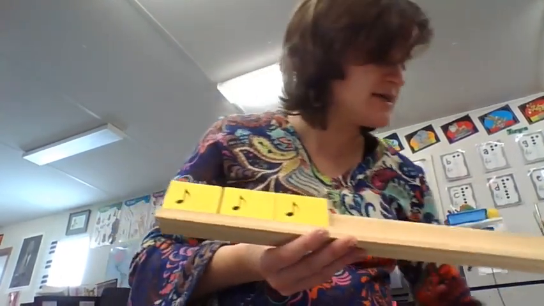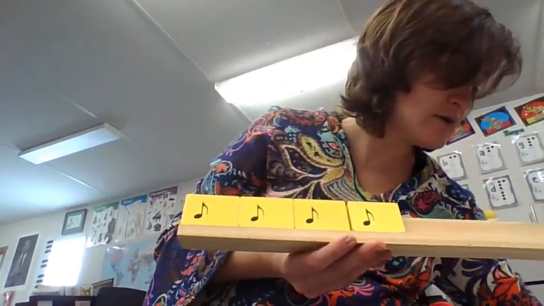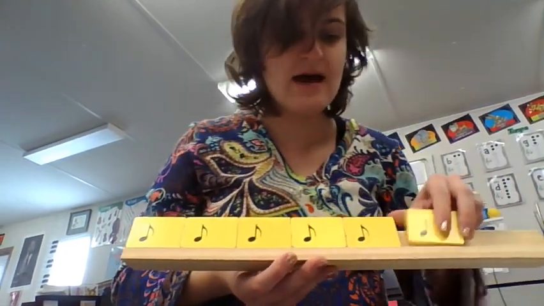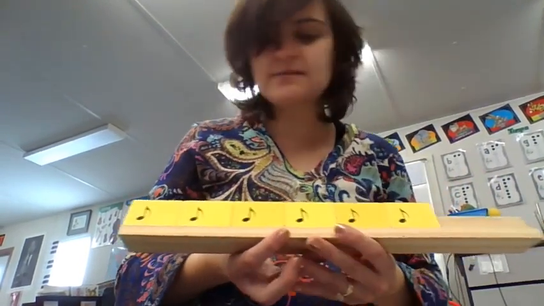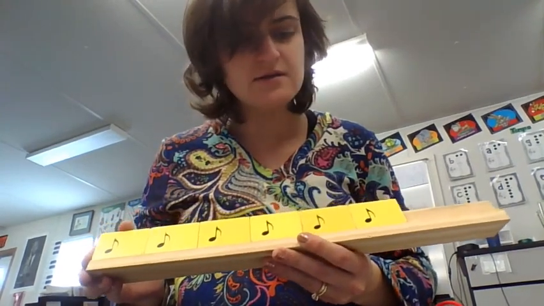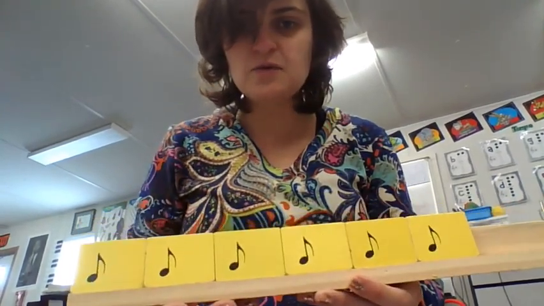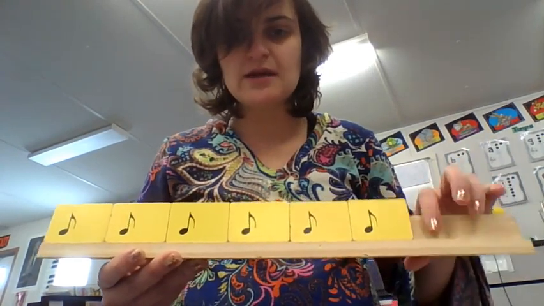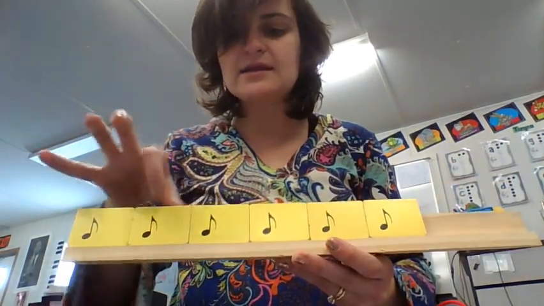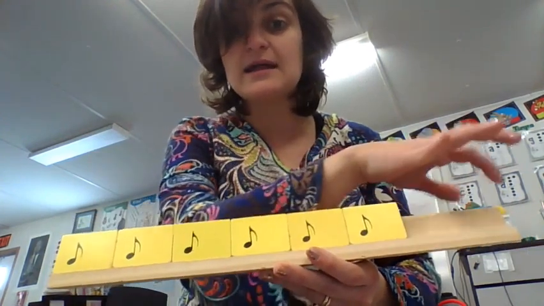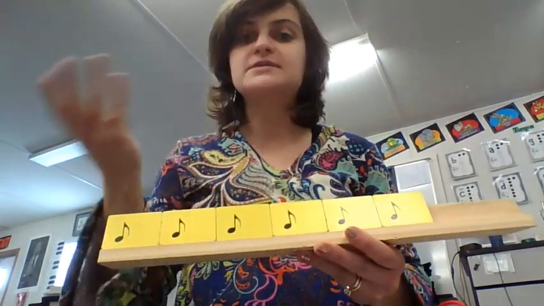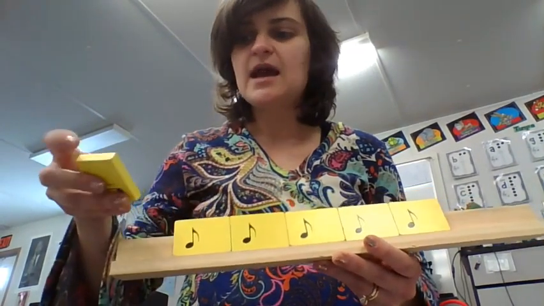So instead of ti, ti, ti, ti, you could even say yellow, yellow, yellow, yellow. Like that. Oh, my pack doesn't have all of the eighth notes. I think I need a few more. But anyways, it would be two more yellows here. So it'll be yellow, yellow, yellow, yellow, or ti, ti, ti, ti, ti, ti, ti, ti.